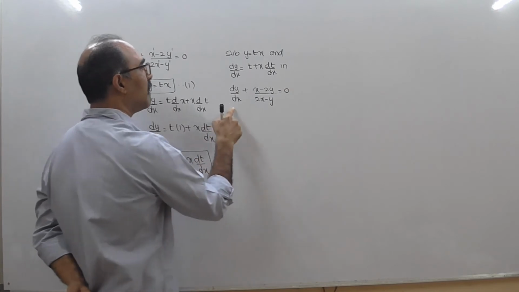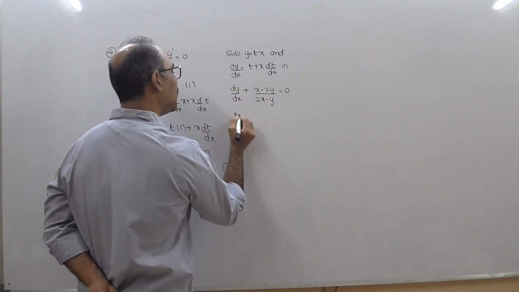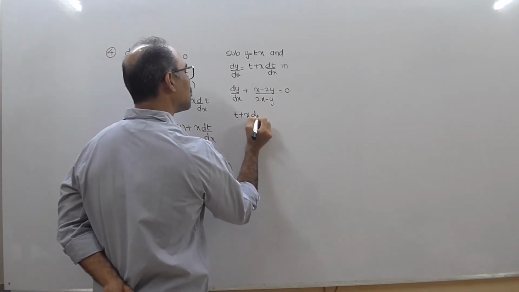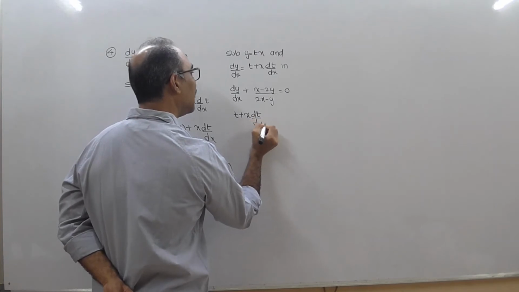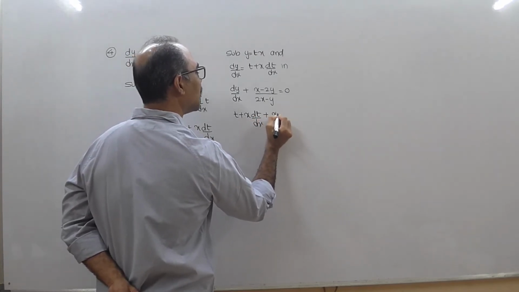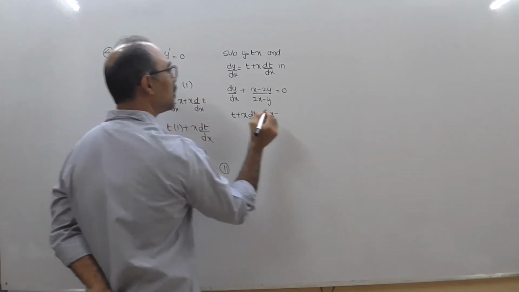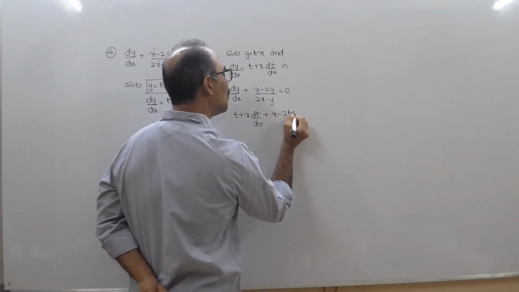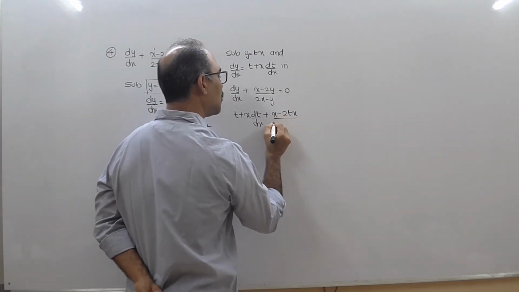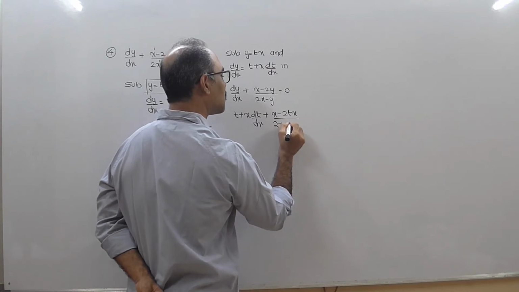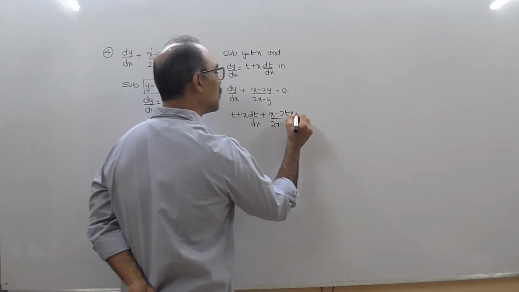Now what to do: in place of dy by dx you write t plus x dt by dx. Let x remain x. I think y is equal to tx, so this becomes (x minus 2tx) upon (2x minus tx) equal to 0.